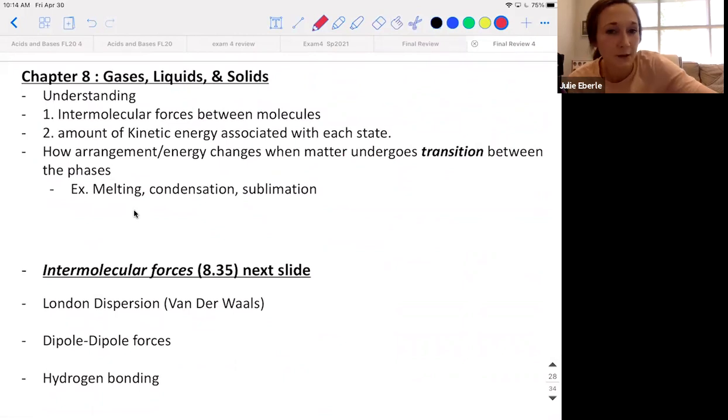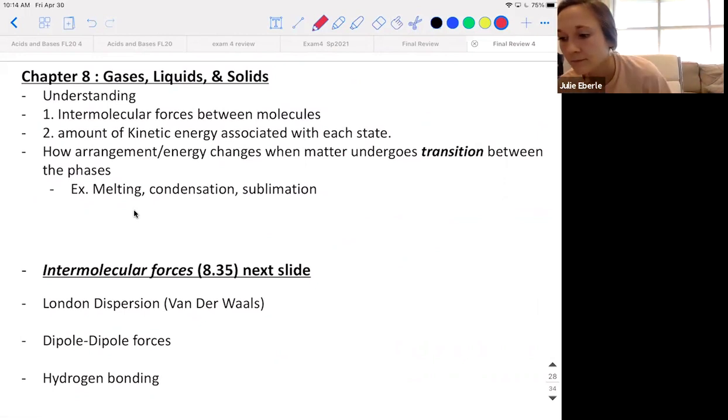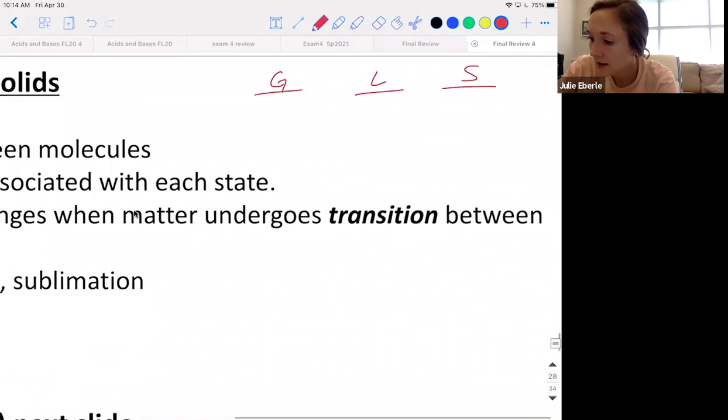Chapter 8 was gases, liquids, and solids. We look at intermolecular forces. So we first talked about understanding 2 things: the level of intermolecular forces between solids, liquids, and gases, okay? And then the amount of kinetic energy associated with solids, liquids, and gases. So we said for gas, liquid, solid, these have high kinetic energy, lots of kinetic energy.